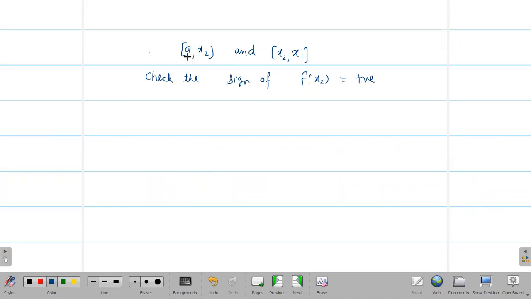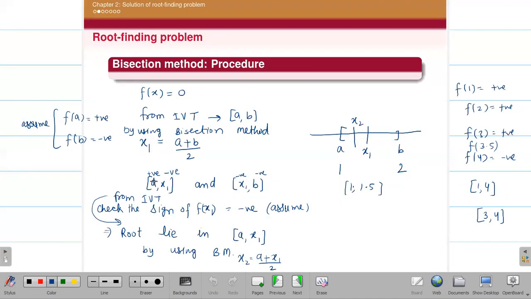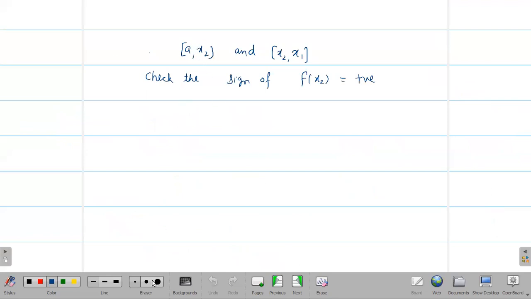If it is negative, then f of a is positive, then f of x2 will be negative, then you will take this interval only. Let us take positive only. So if it is positive here, then it is negative here.